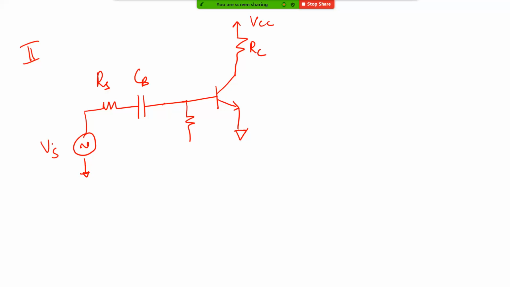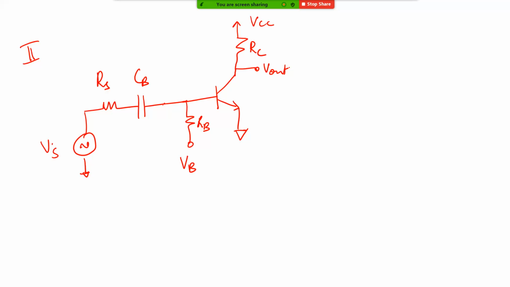What you basically need to do is give a bias voltage here through this RB. This is one way by which you can do it. Now we know that this kind of biasing is not a good idea.